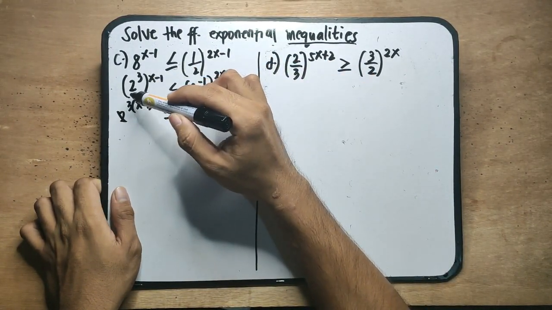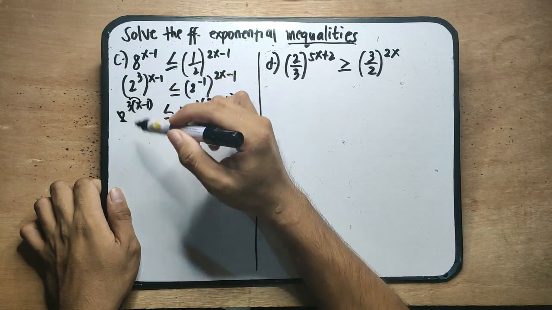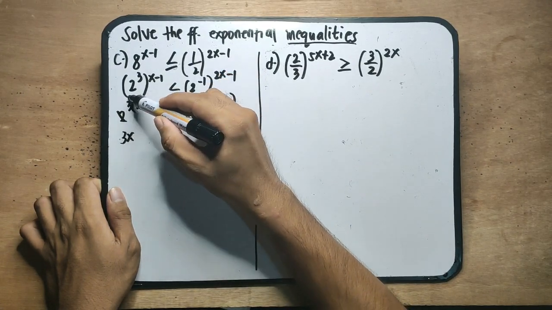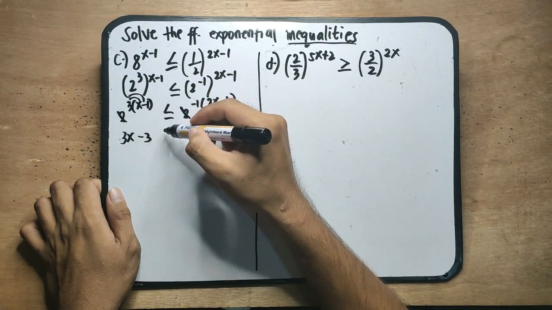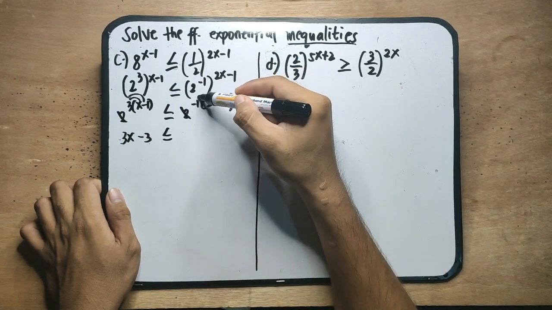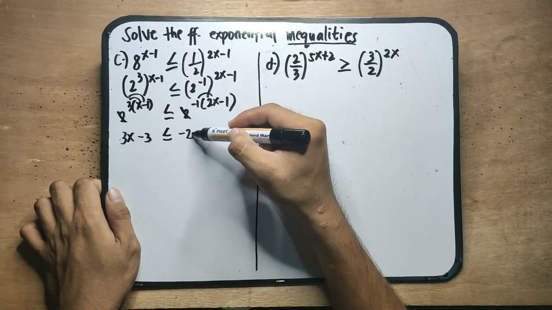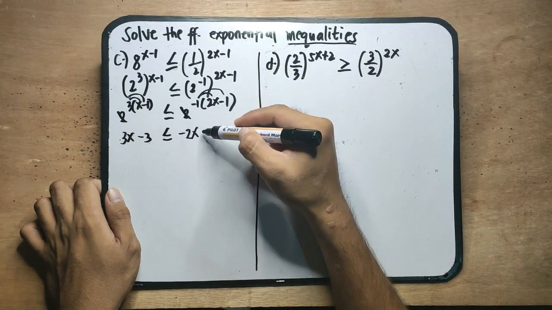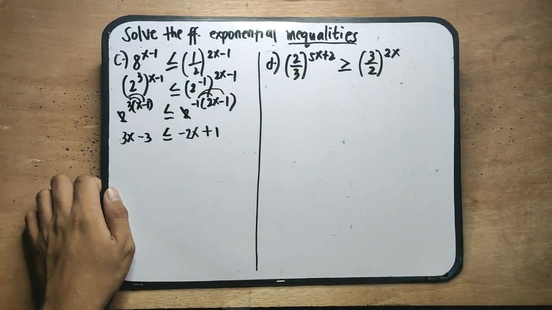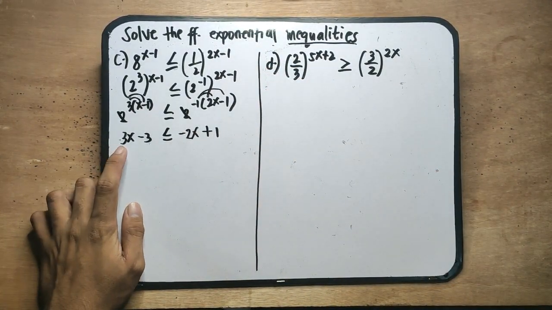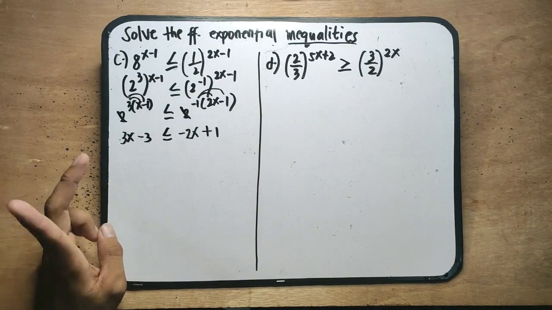Distributing 3 to all the terms inside the parentheses, we have 3 times x is 3x. 3 times negative 1 is negative 3, is less than or equal to negative 1 times 2x is negative 2x. Negative 1 times negative 1 is positive 1. Since mas malaki na yung numerical coefficient ni x sa left, hindi na natin sila pagsaswapin ng positions.